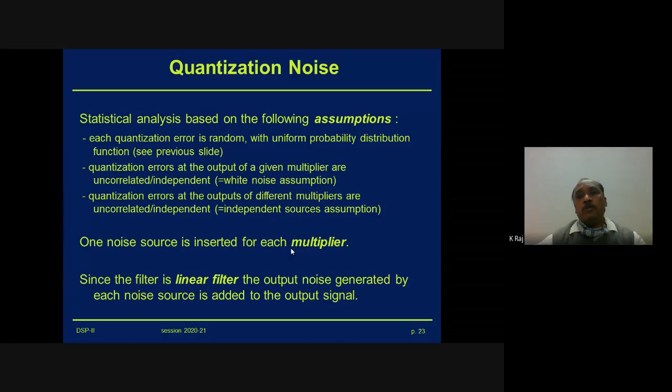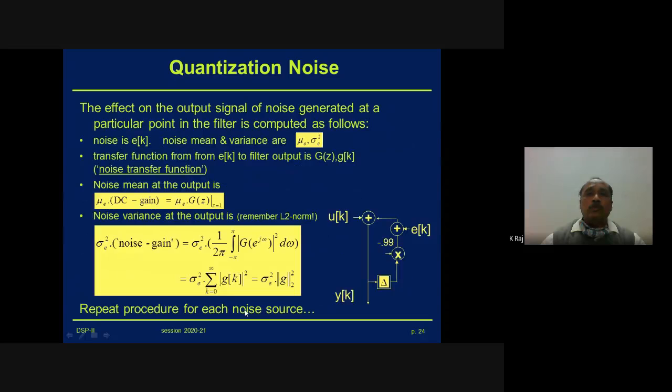Now if we introduce the concept of quantization, then naturally quantization error or quantization noise will take place. So we have to introduce a model that also includes the quantization noise. Since the filter is a linear filter, the output noise generated by each noise source is added to the output signal here. So the total error will be assumed at the output here.